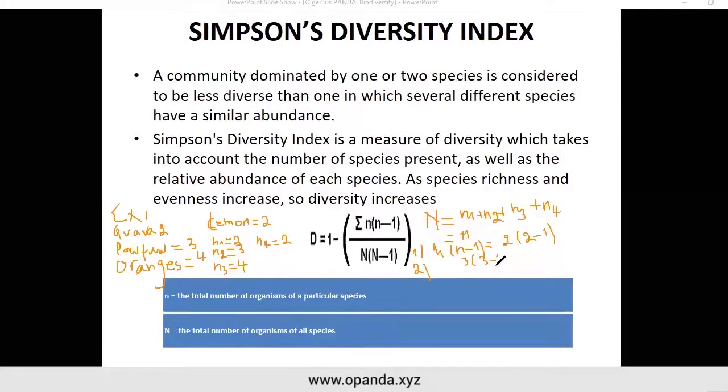You get me? Then for the third case, we have 4 minus 1. For the fourth case, the last case, it will be 2 minus 1. I want you to understand this formula.